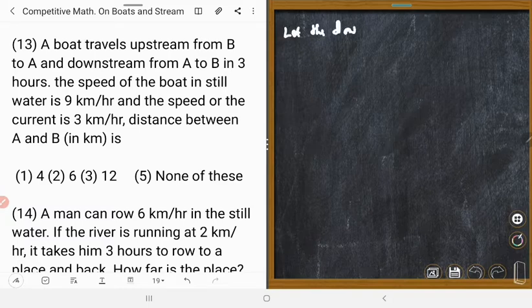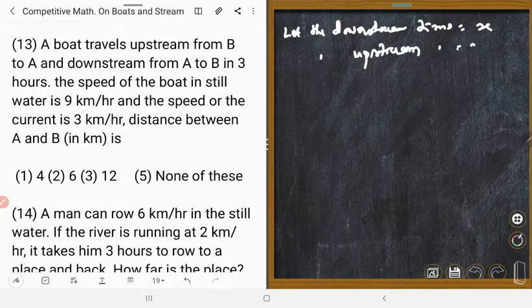Downstream time is equal to x. And the upstream time is equal to 3x as per the question.